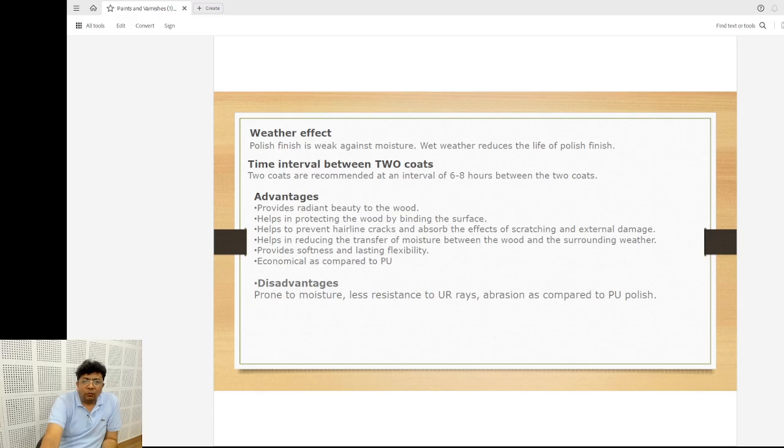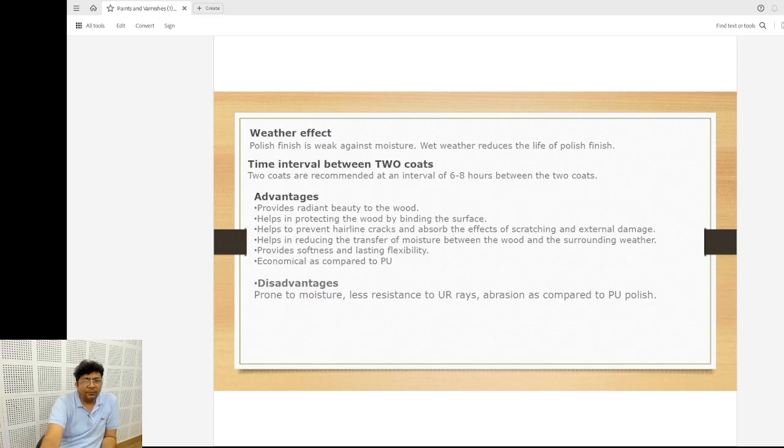We should go with the melamine polish or the spirit polish if the furniture is to be placed in interiors. For example, if we want better resistance against moisture or the weather condition, we should go with a higher quality polish, which is PU paint, which gives a waterproof surface to the given furniture.